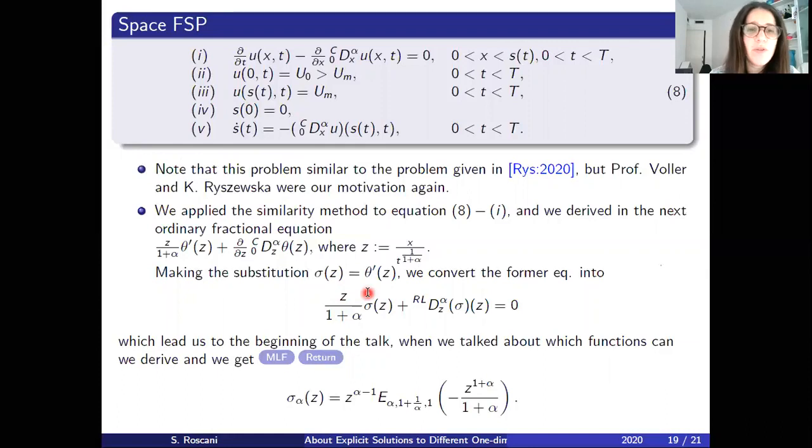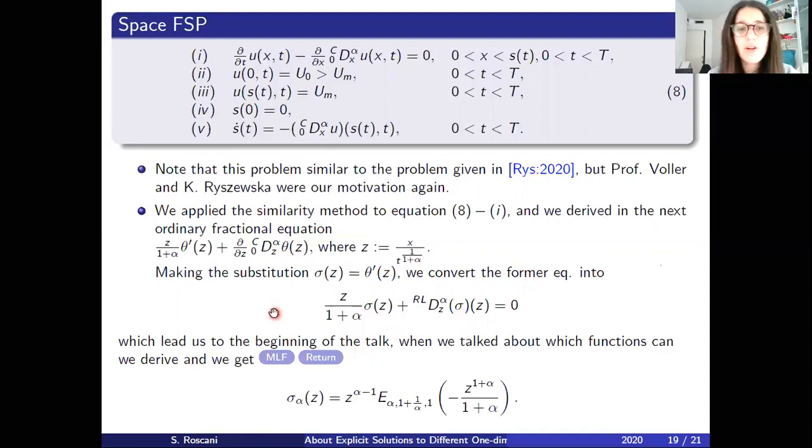So we could transform the Caputo derivative into a Riemann-Liouville ordinary derivative of order alpha between 0 and 1, which is easier to solve.